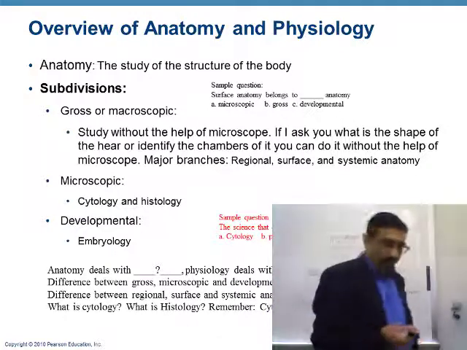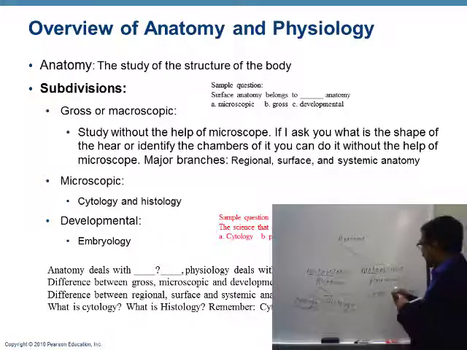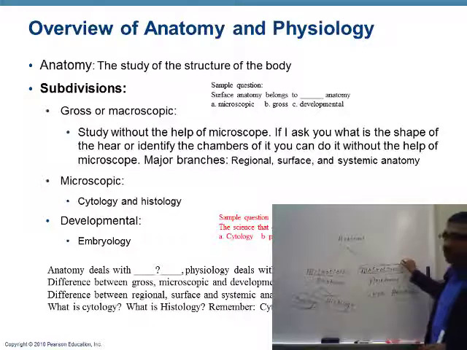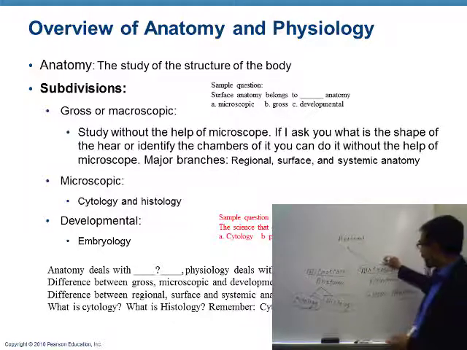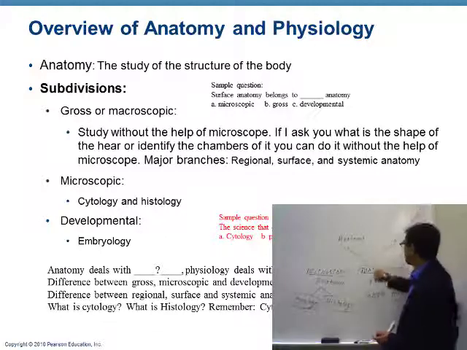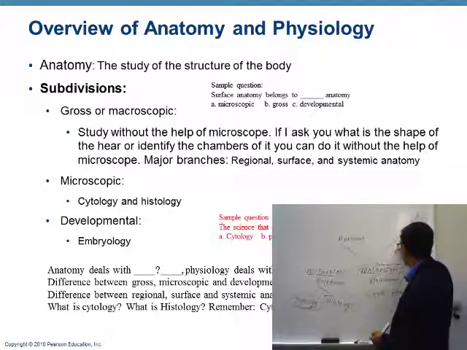Now, the macroscopic anatomy has also branches. For example, important branches are surface anatomy, developmental anatomy, system anatomy.